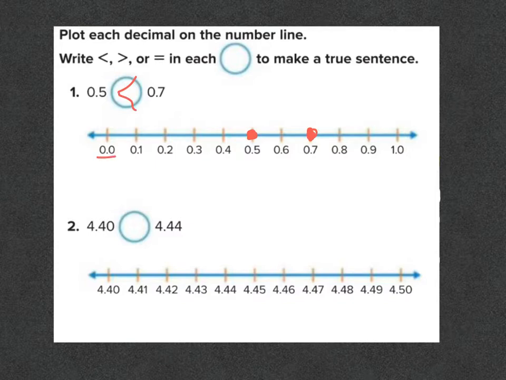And I like how this shows that these numbers are between 0 and 1. Now 1.0 is the same as just writing a regular 1. Here I have 4 and 40 hundredths, which would go right here, and I have 4 and 44 hundredths. We know 44 is bigger than 40, so I know that 4 and 44 hundredths is going to be larger than 4 and 40 hundredths, or 4 and 4 tenths.